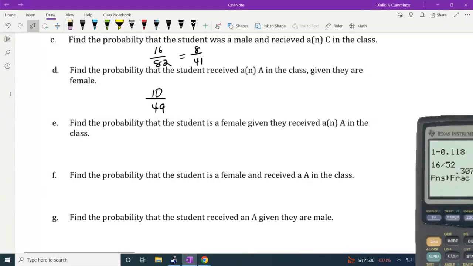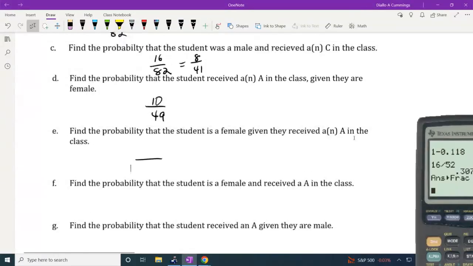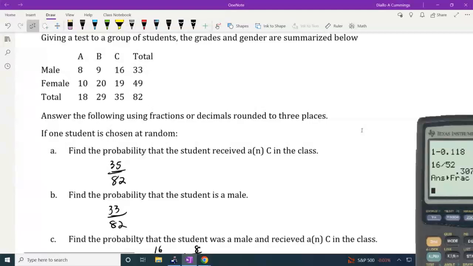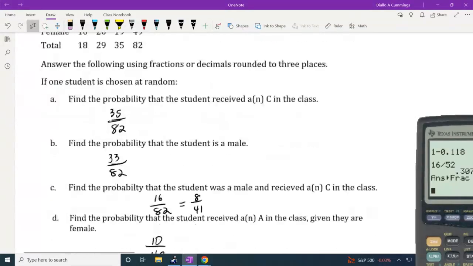Right? E says find the probability that the student is a female given they received an A in the class. So what is the denominator for this one? Right, so it says given that they received an A, so how many students received A's? 18.